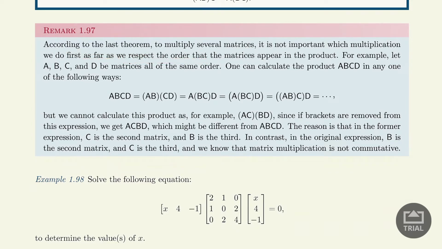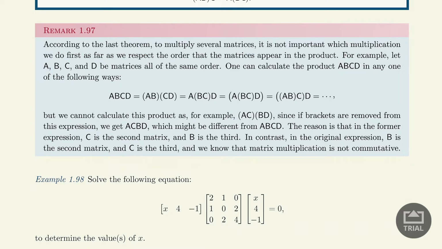For example, let A, B, C, and D be matrices all of the same order. If I write ABCD without any pairs of brackets, it is not ambiguous. How many multiplications are involved here in ABCD?